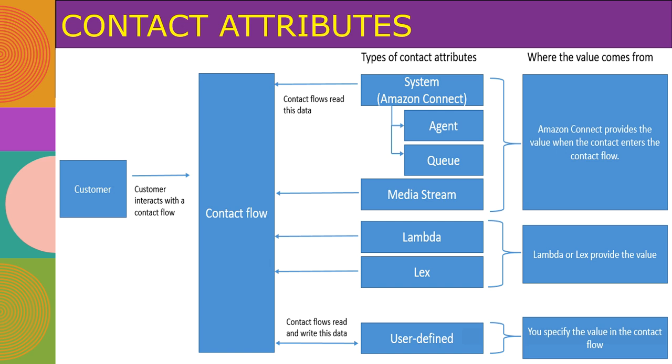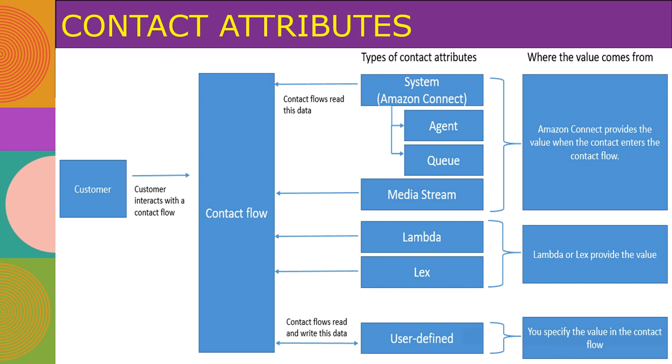Now, if in the contact flow you have a block where you call Lambda with some inputs going into it, and the Lambda gets a value out of DynamoDB and returns that value, then that's called an external attribute. You could reference it in the chat, in the phone call, whatever. The bottom line is externally it was retrieved by Lambda or Lex.